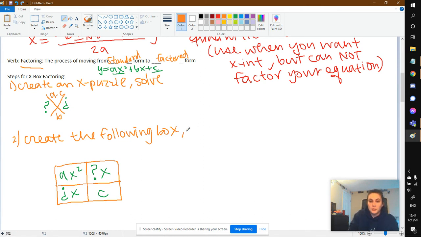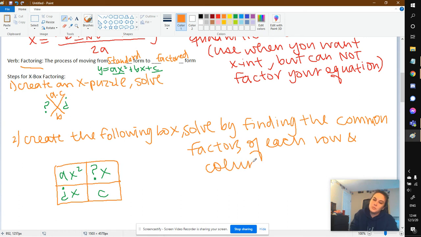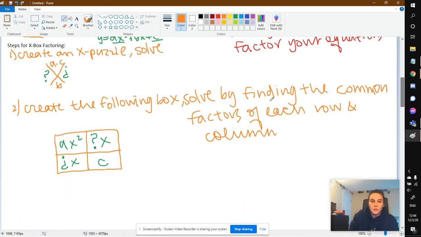And then solve by finding the common factors of each row and column. And then we read off, right?